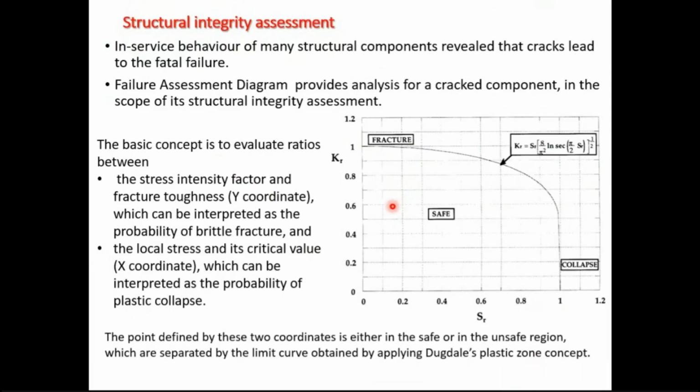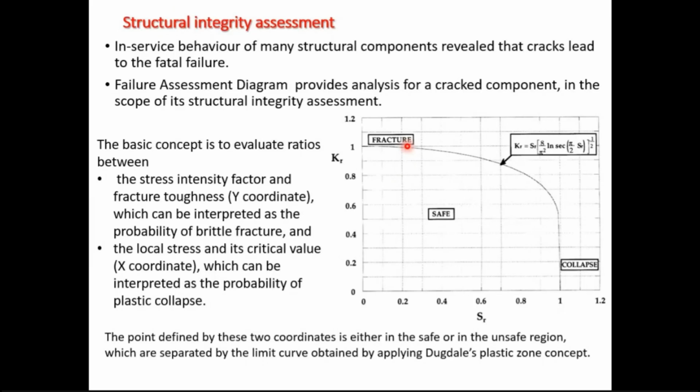The distance from that point to 0 is one quantity that we need, and the other is if we draw the line from 0 through this point up to the limit line, that's another measure that we use to make a ratio.